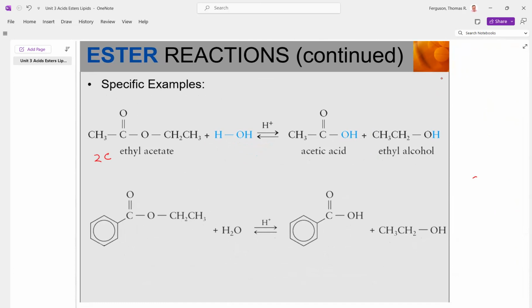Two carbon acid, two carbon alcohol. Here we have acidic conditions, so we end up with the acid and the alcohol. Two carbons, two carbons.